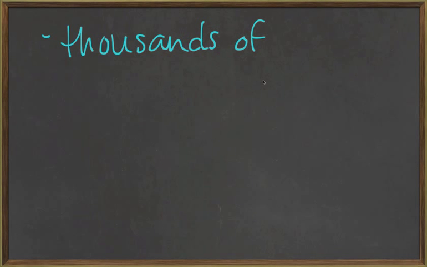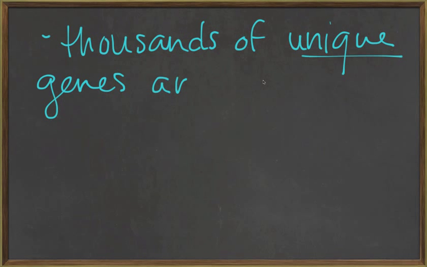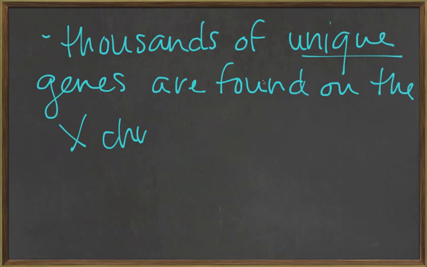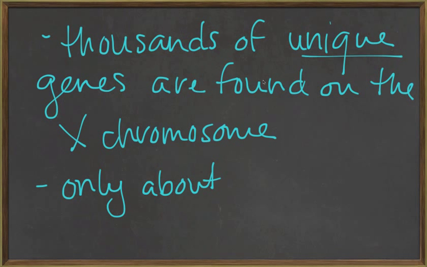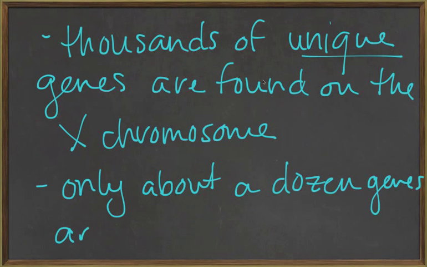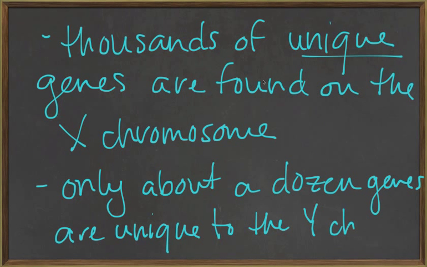Thousands of unique, it's a key word right there, unique genes are found on the X chromosome. Only about a dozen genes are unique to the Y chromosome.